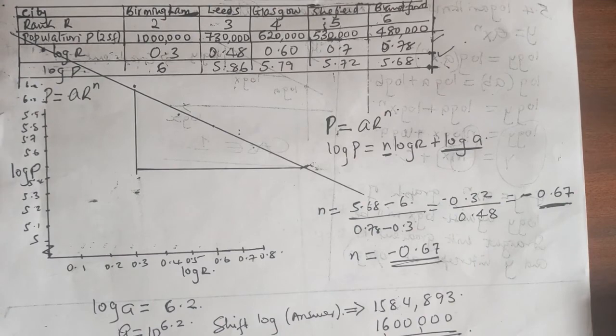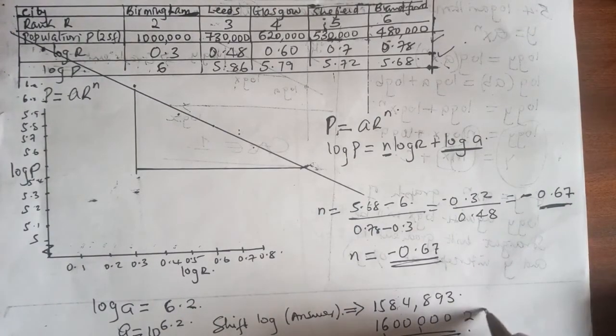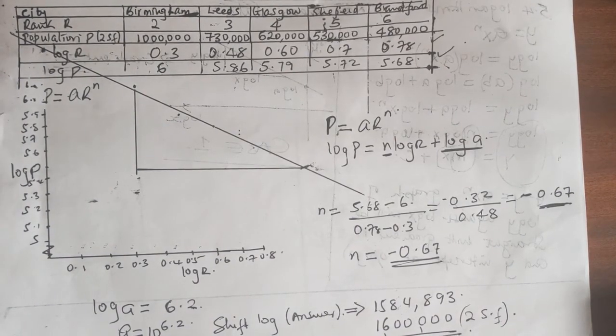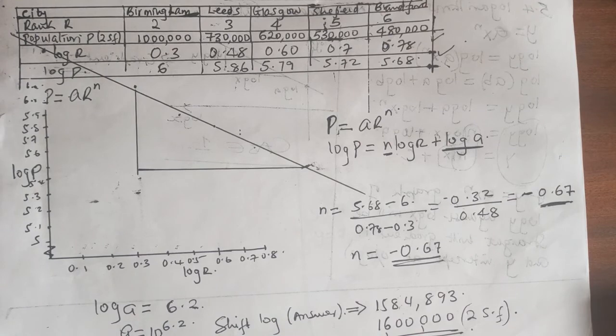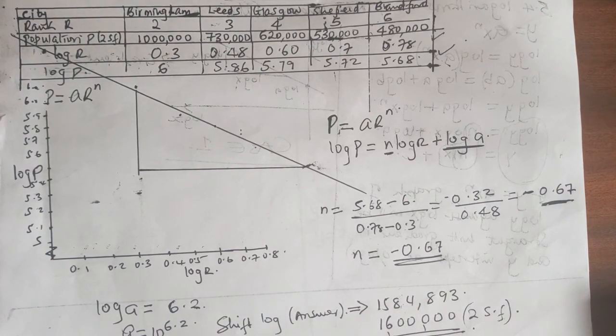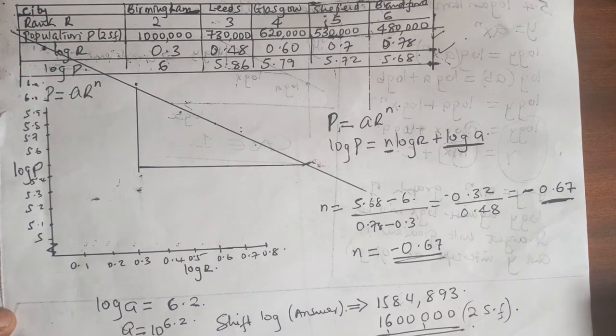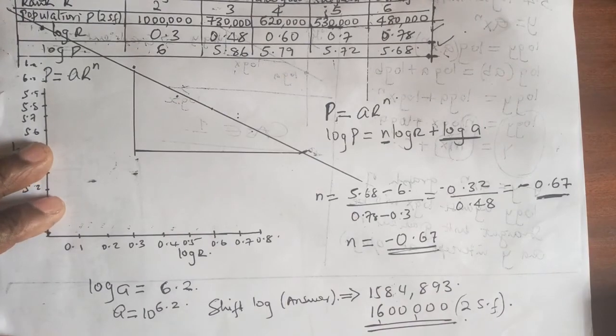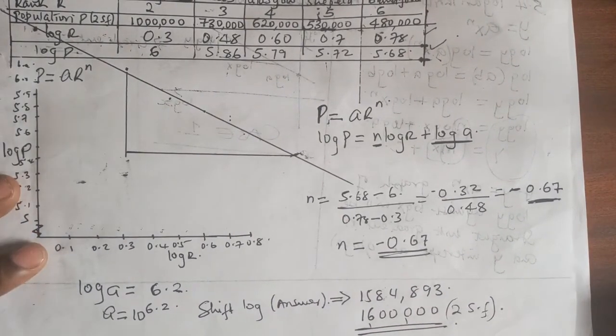You must say this to two significant figures, so that you do not ask yourself why you didn't write the very accurate answer as you got it, 1,584,893. So you will be able to interpret such questions using the knowledge we've just understood, and it's simply about the antilog.